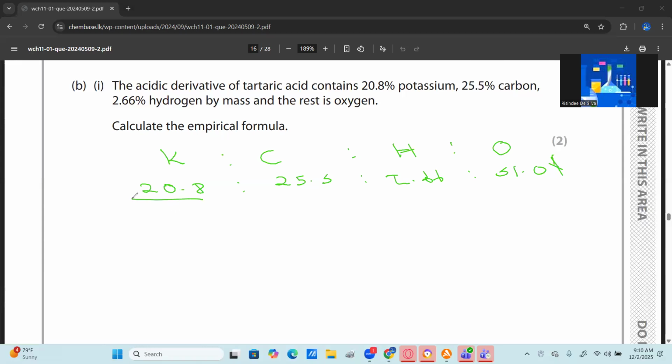The atomic masses are 39.1, 12, 1, and 16. Then you get 0.532 for potassium, carbon 2.13, hydrogen 2.66, oxygen 3.19.